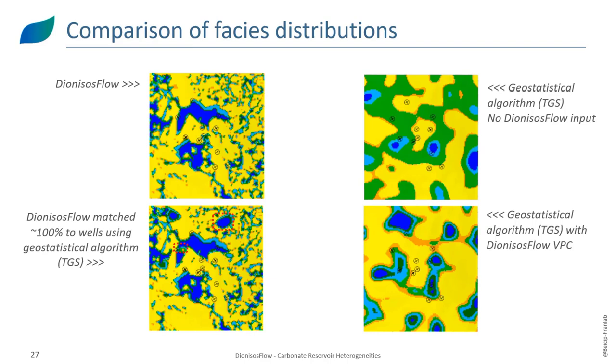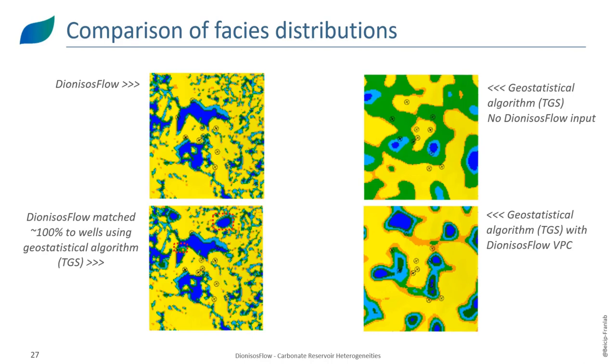But here is an example of what difference it makes with or without using Dionisos. Here you see an extraction from the same unit in the model we had in the previous slide. These are facies texture maps. To the left, top left, is the DionisosFlow model only, calibrated to 80-90%. Bottom left, you have DionisosFlow matched almost 100% to the well data using a TGS algorithm.